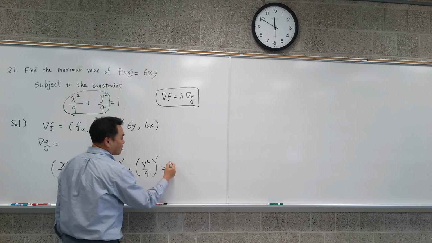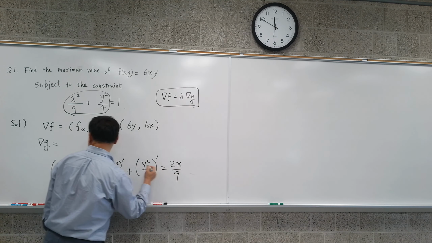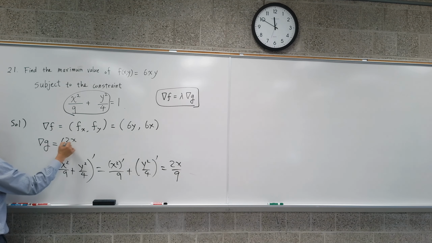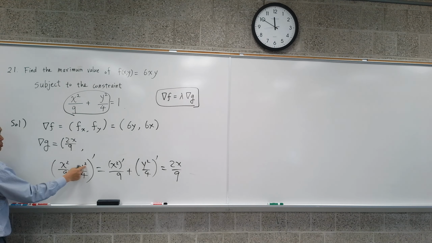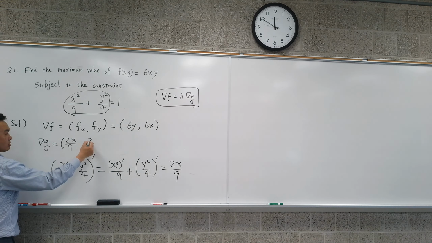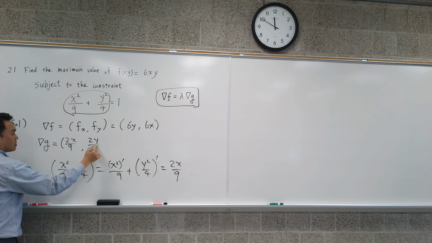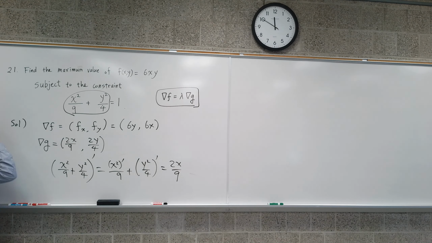And therefore, this just gives you 2x over 9. And in the same way, if you now treat x as a constant and y as the variable you're trying to differentiate with, then y squared differentiates to 2y. There's 2y over 4, or you can also simplify this as 1/2 y.